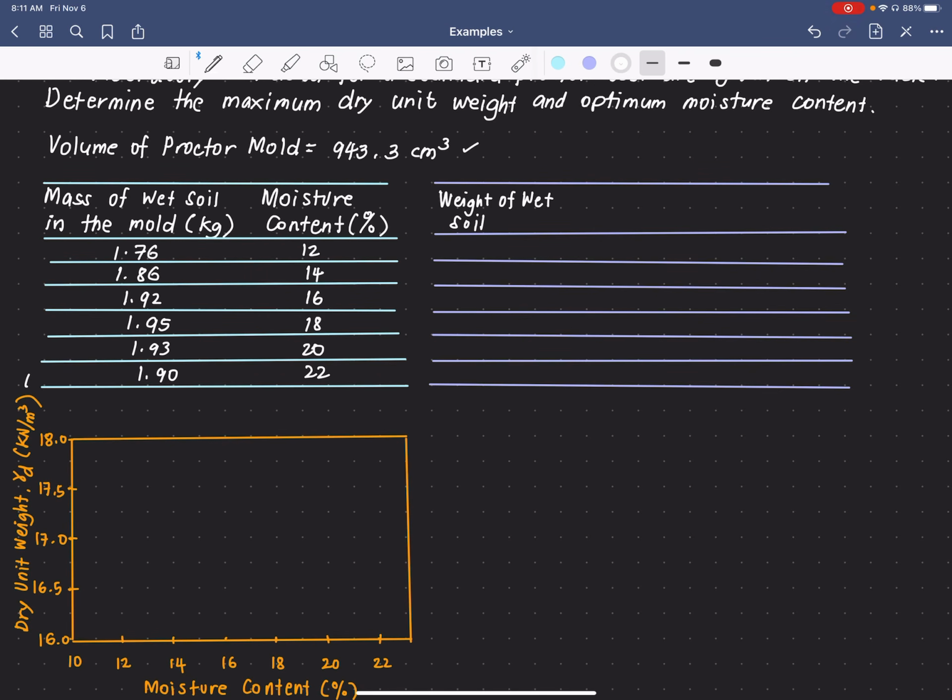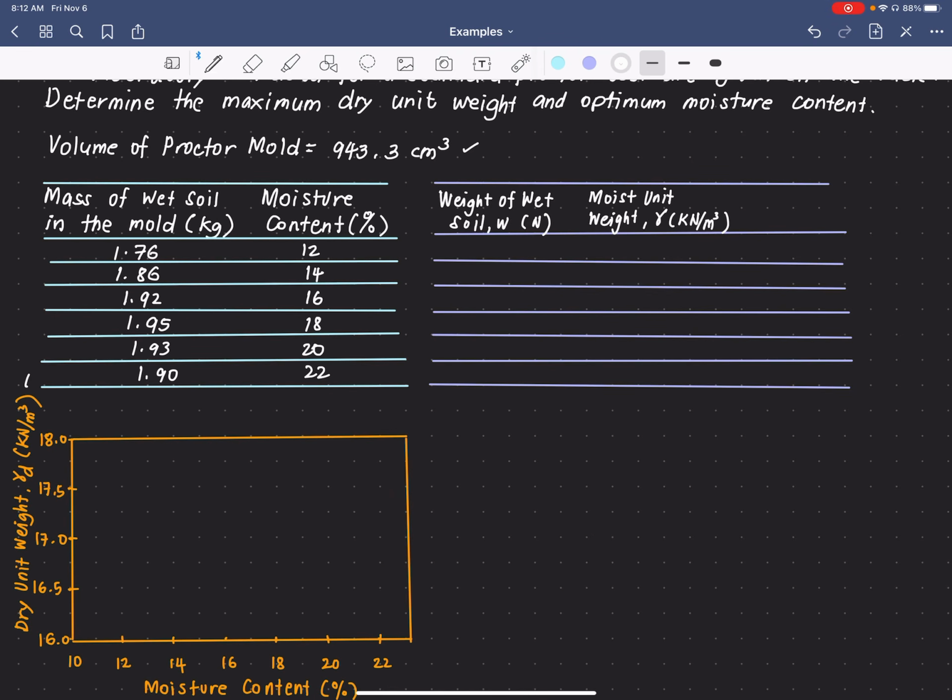This is in kilogram, so we need the weight, so let's have it in Newton. Then after solving for the weight, we can calculate now the moist unit weight using our formula. And that is our gamma, and the unit here should be in kilonewton per cubic meter.